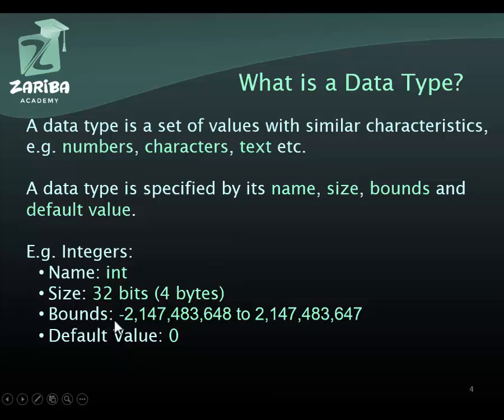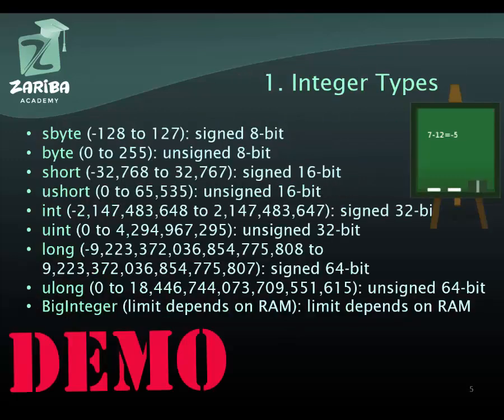The bounds, you can give any value from -2 billion to 2 billion approximately, and the default value is 0. This is just a simple example, but we'll be looking at a lot more right now.